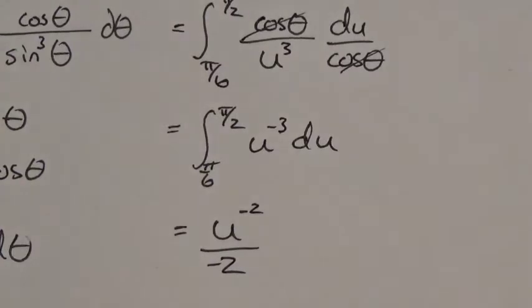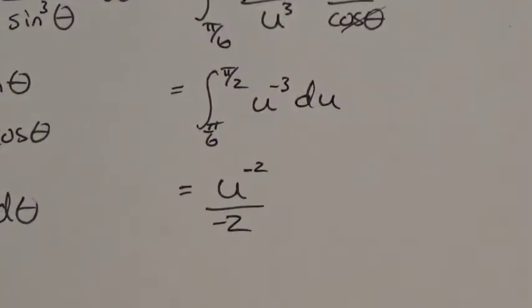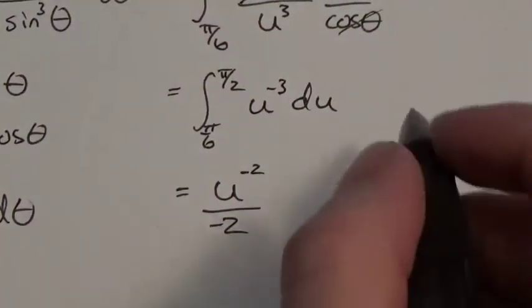Because this is a definite integral, my mistake, remember I don't have to put the plus c here. I know some people are going to want to put the plus c, and that's totally fine. Whatever makes you happy, but it's not necessary.